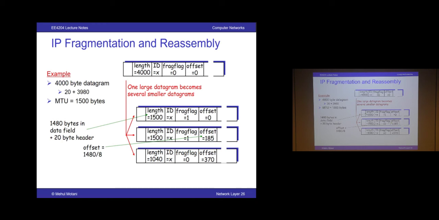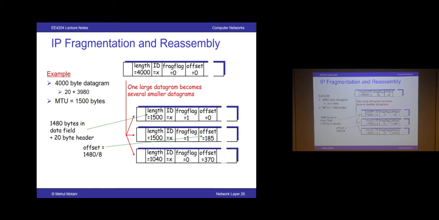Why was 8 chosen? Why not 16? Because the bigger you make the constraint, the higher the probability you might not fill up the entire space and end up with an extra packet. The way to get the minimum number of packets is to break on byte boundaries. Then you can always fill up. You have a 20 byte header. If I told you your constraint was, instead of 1500 bytes, 1400 bytes, then you can only have 1380 payload, and 1380, if you divide it based on your packet size, may end up with an extra.